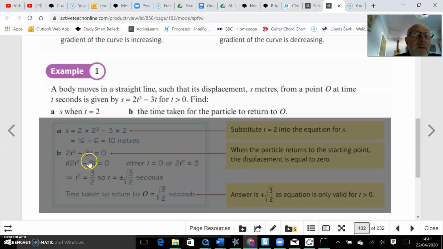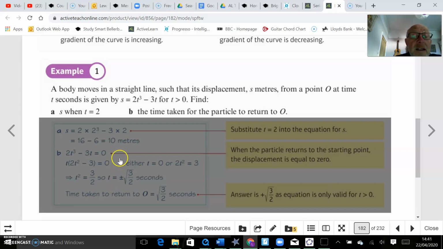Well, that's when the displacement is 0. So as we can see here, we put 2t cubed minus 3t equal to 0. Solve that equation, and we have a factor of t. So we have either t is 0 or 2t squared equals 3. So t squared is 3 over 2. So t is plus or minus the square root of 3 over 2.